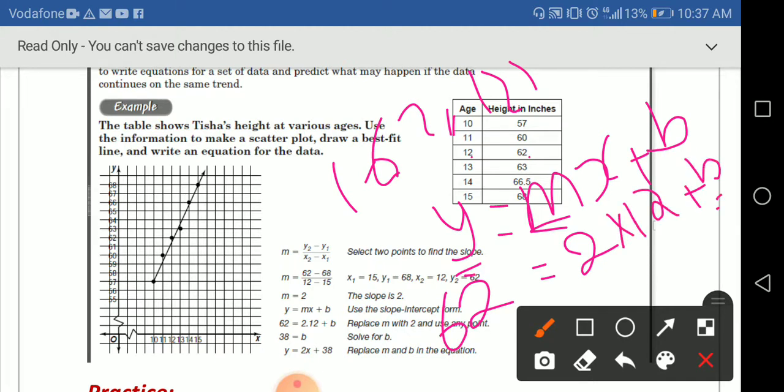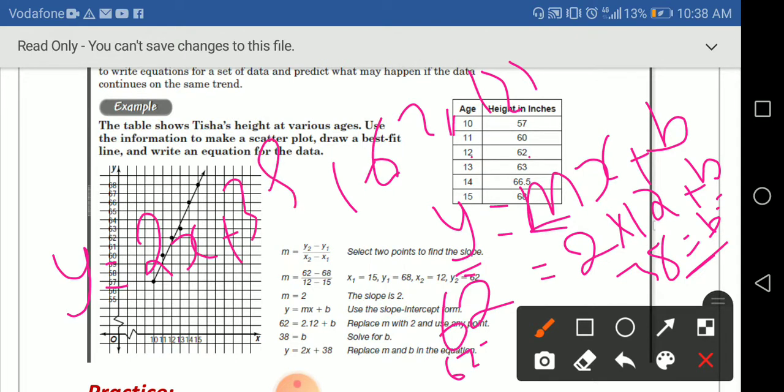So I can get b easily. 2 times 12 is 24. 24 goes to the other side, and 62 minus 24 gives you 38. 38 will be equal to b. So rewrite the equation: y equals 2x plus b, which is 38.